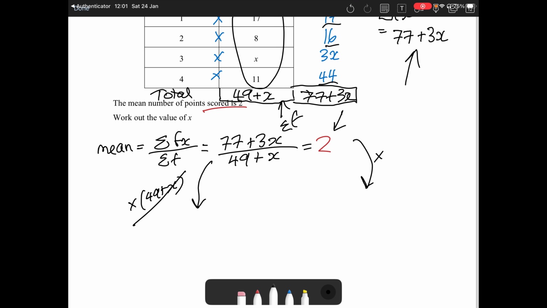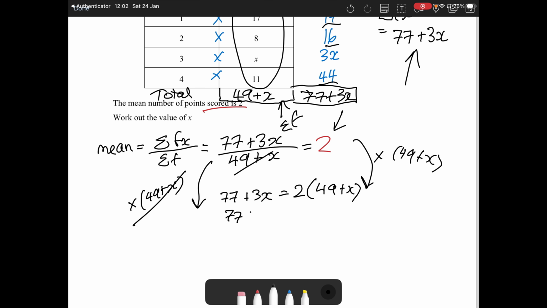That and that would be gone. But on the right, it would move sort of across, wouldn't it? So you get 49 plus x on the right still. So my first line of working, and we will need to use brackets here because we are multiplying 2 by both the 49 and the x, would be that.